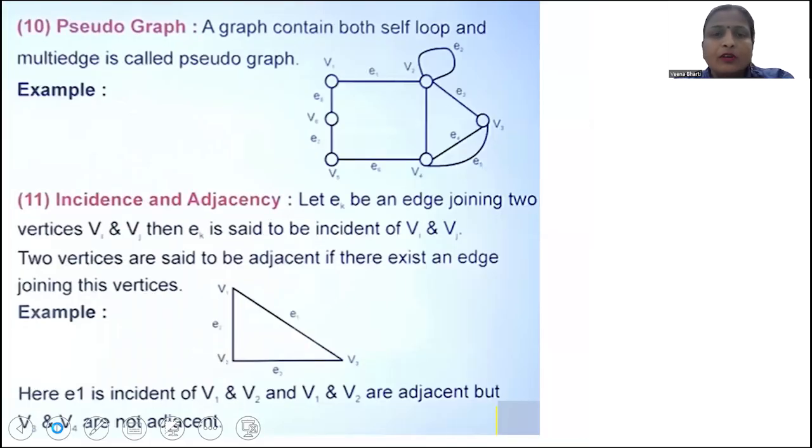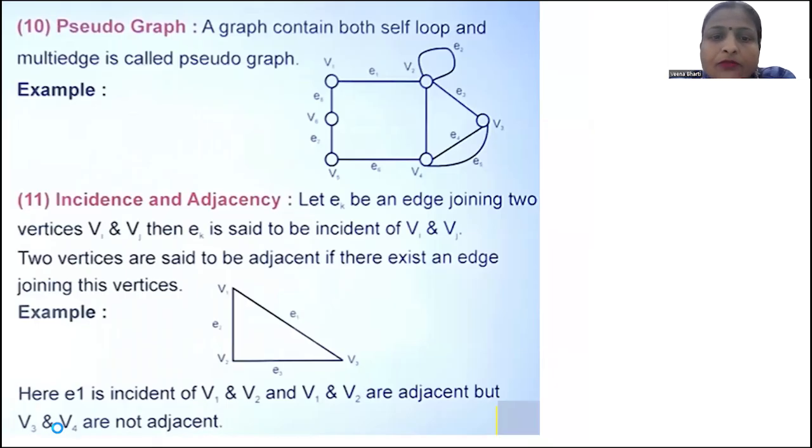Then the pseudograph: a graph that contains both self loop and multi-edge is called the pseudograph. In this example, the graph shows that there is a self loop and also a multi-edge. That is why it is called a pseudograph. Then the incidence and adjacency. First we will talk about the incidence.